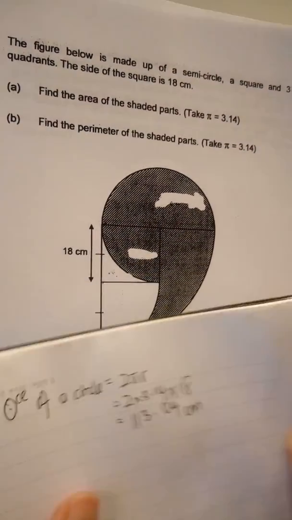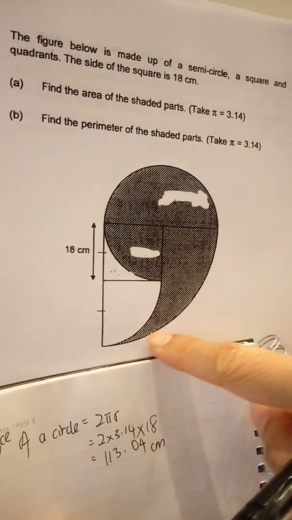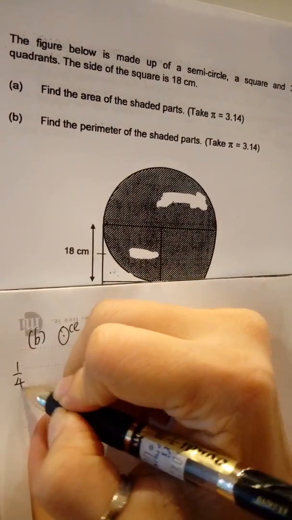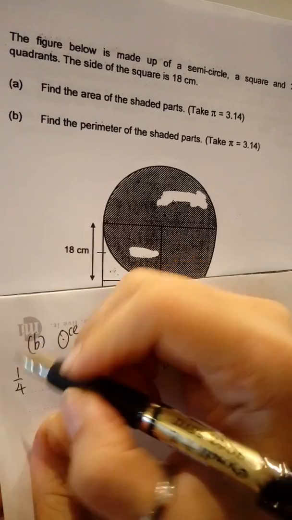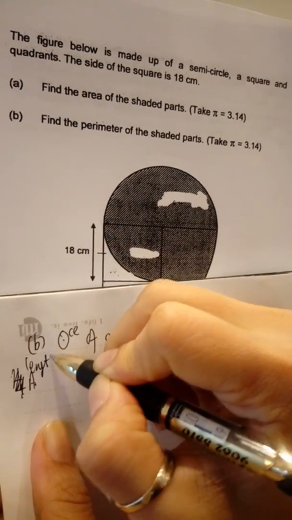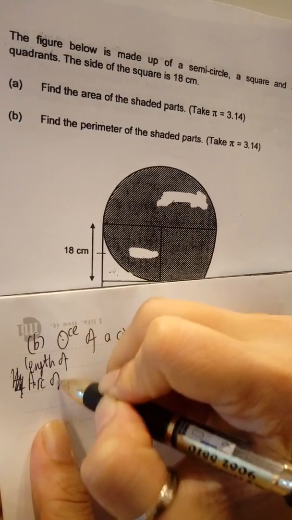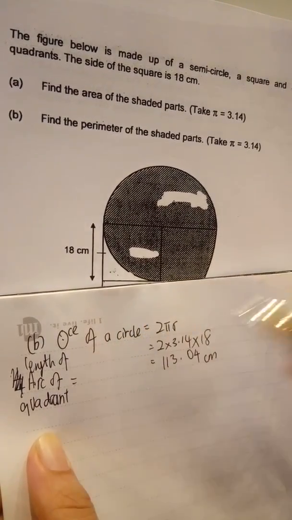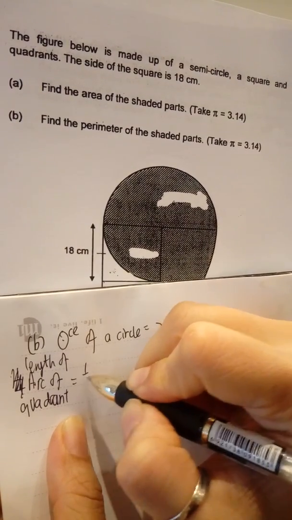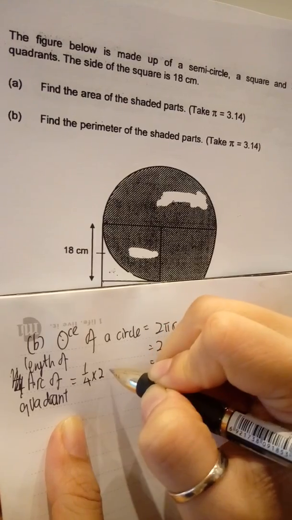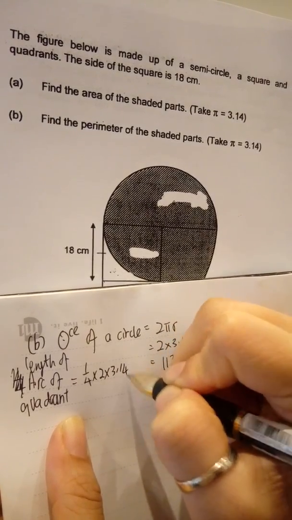Okay, I'm going to proceed to find this quadrant. I get 1/4. So the arc length of the quadrant is 1/4 of 2 pi r.